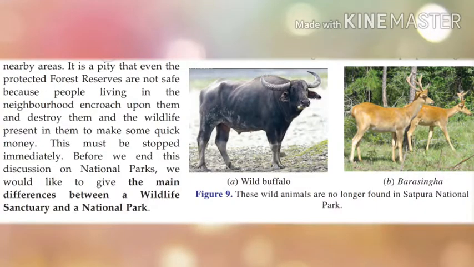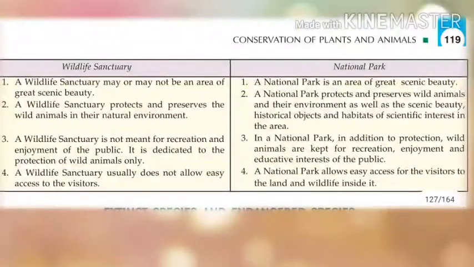Now, before we end this discussion on national parks, we would like to give the main difference between a wildlife sanctuary and a national park. Look into page 119. A wildlife sanctuary may or may not be an area of great scenic beauty, but a national park is an area of great scenic beauty.